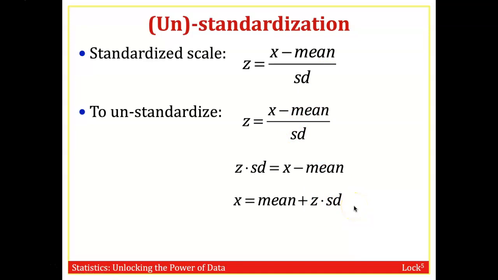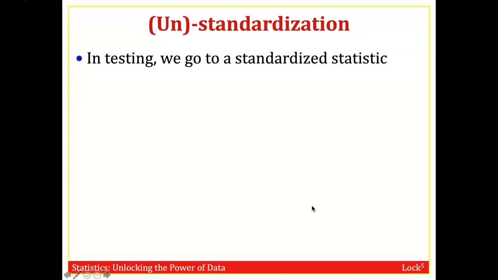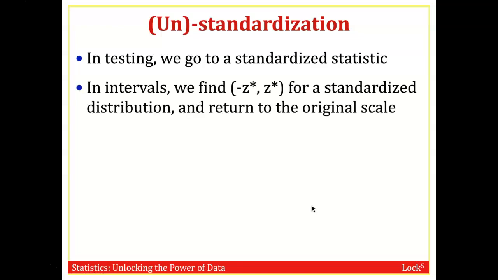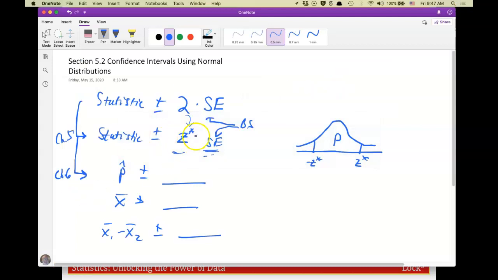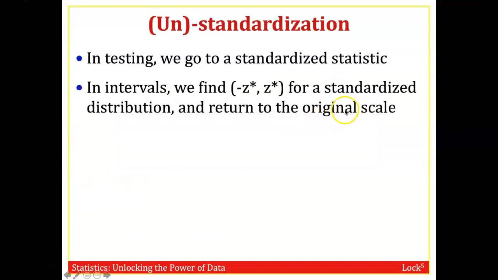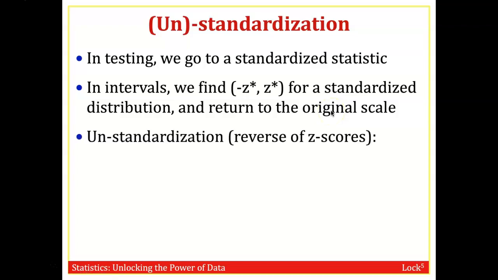We're going to use that idea of taking a standard value and generalize it for the confidence interval. In testing we go to a standardized statistic: the statistic minus the null over the standard error. For confidence intervals we're going to find the minus z star and z star, the multipliers I was talking about over here, for a standardized distribution, and then return to the original scale through the confidence interval.